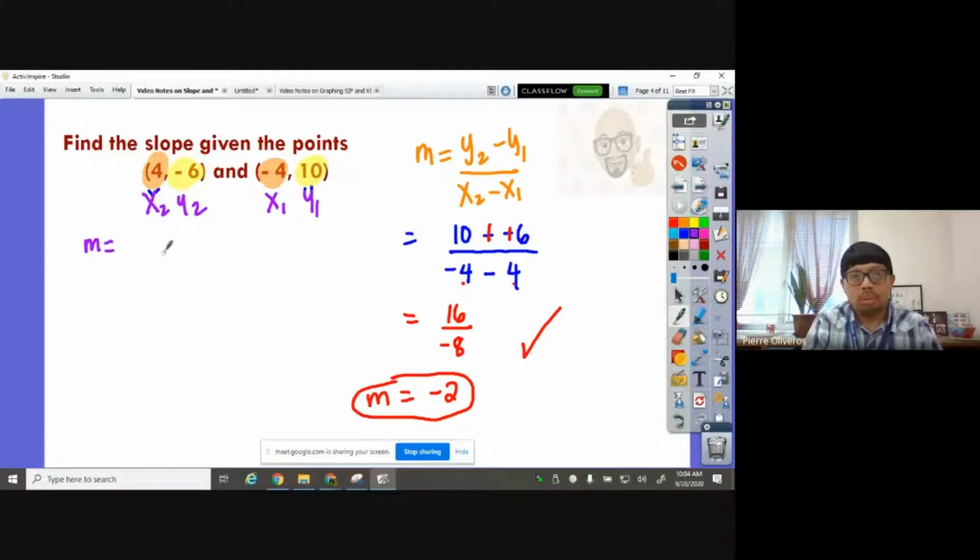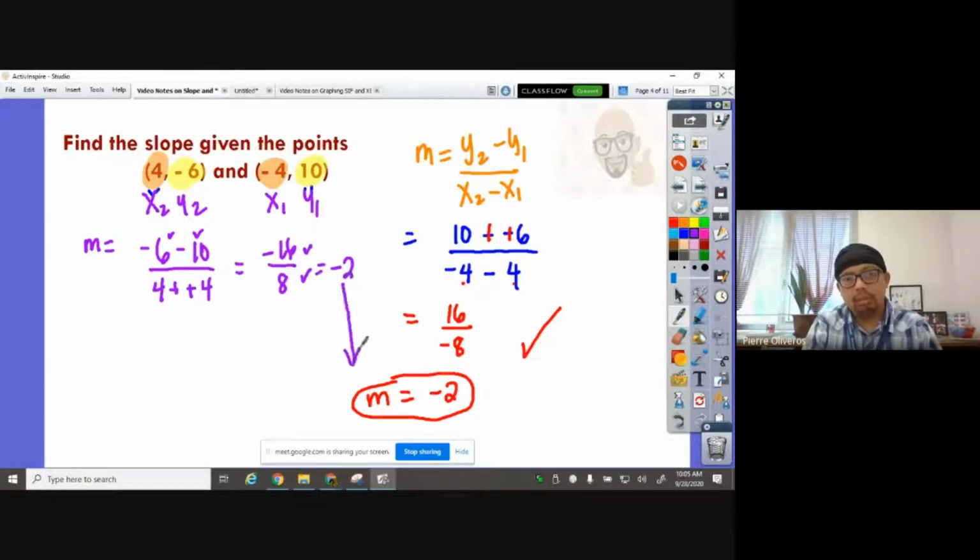So y2, I'm going to start with negative 6 minus 10 over 4 minus negative 4. If you will see here, negative 6 minus 10 will give us negative 16 over negative negative will be positive here, and this will be 8. 16 divided by negative 8 is negative 2, and they're the same. So either way, you should still get the same answer. Okay? Kaboom.